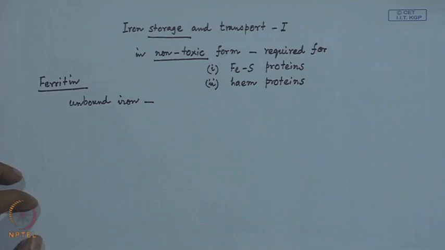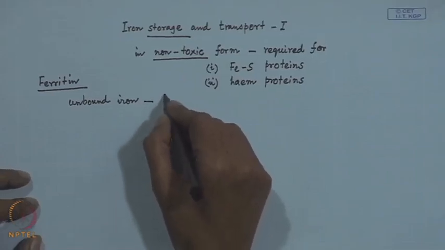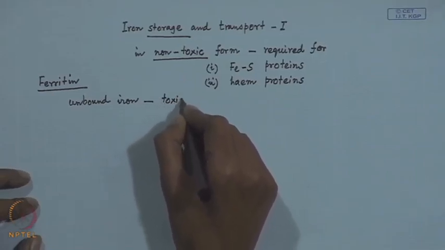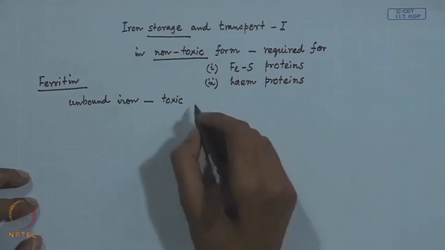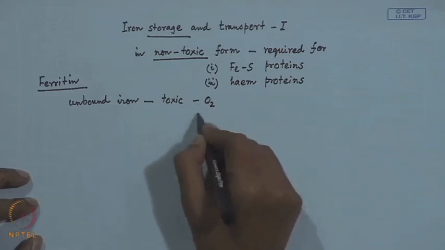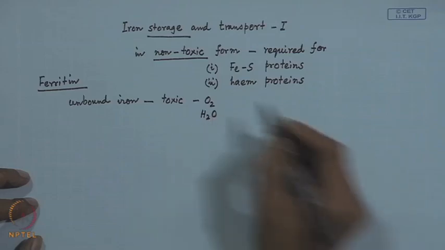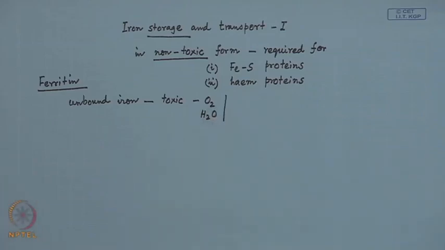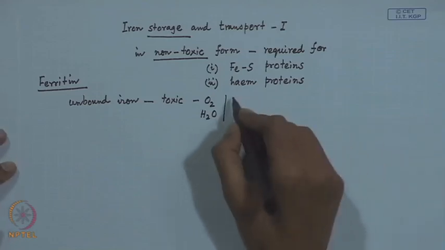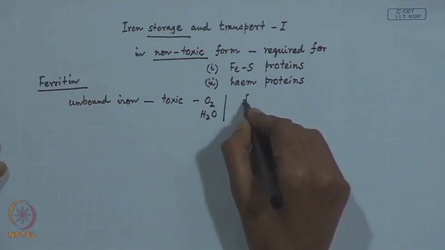This unbound iron, particularly in a biological system, is toxic in nature because of the presence of O2 and H2O, where O2 can take off one electron and oxidize the iron center, and H2O can control the corresponding pH values. So the unbound iron, which is free and not bound to a ligand system, is mostly responsible for the generation of free radicals.